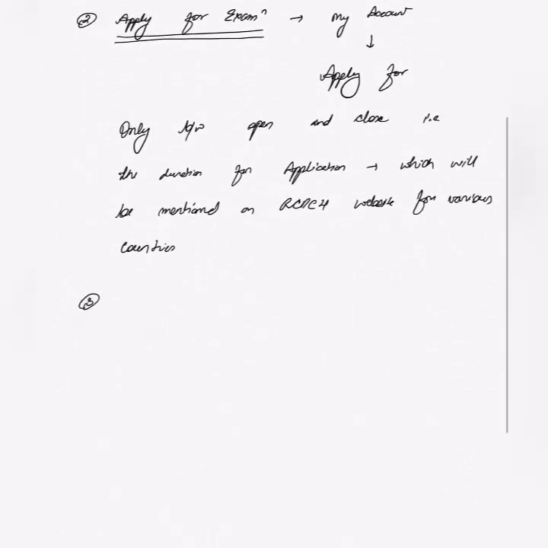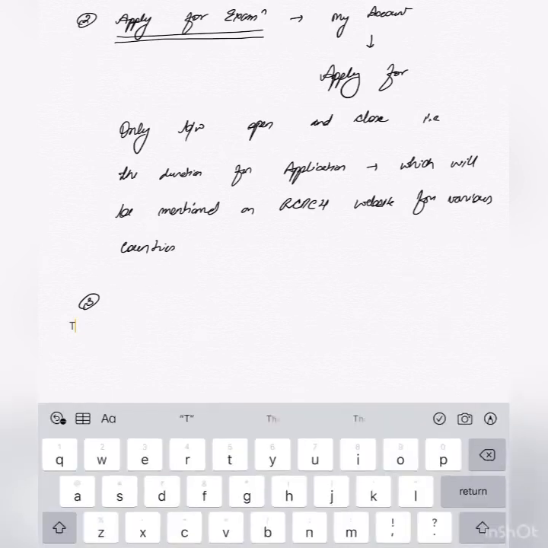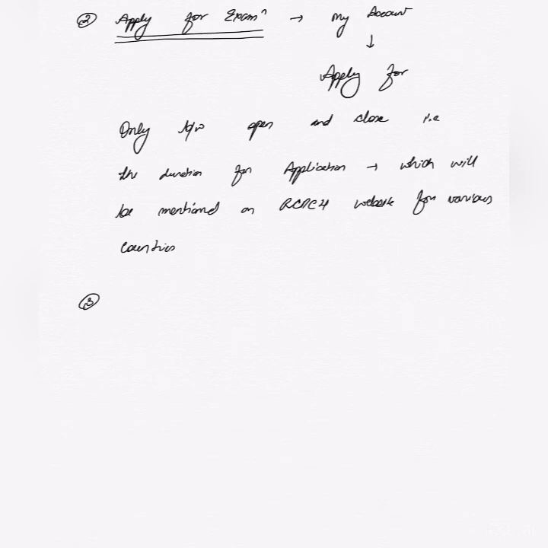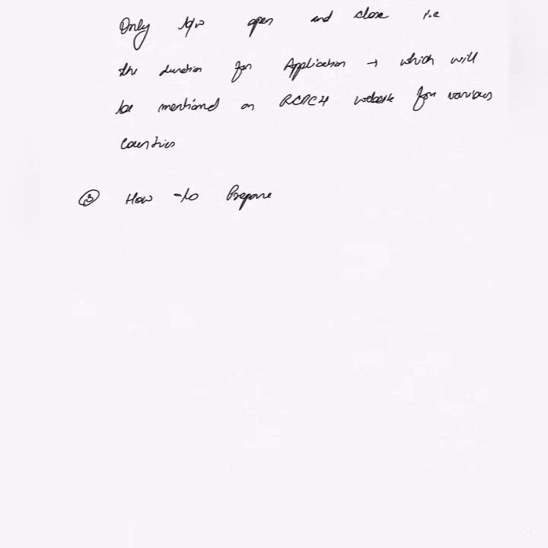Once you have applied, or even before you have applied, you can start preparing for the MRCPCH examination. So how to prepare? You should know what all parts of the examination are there.